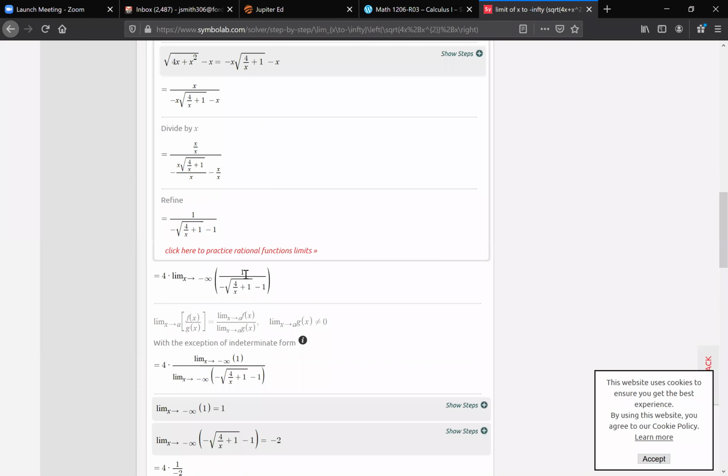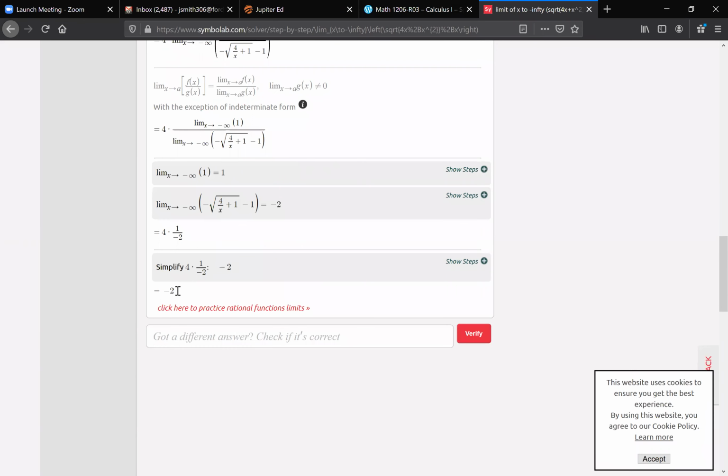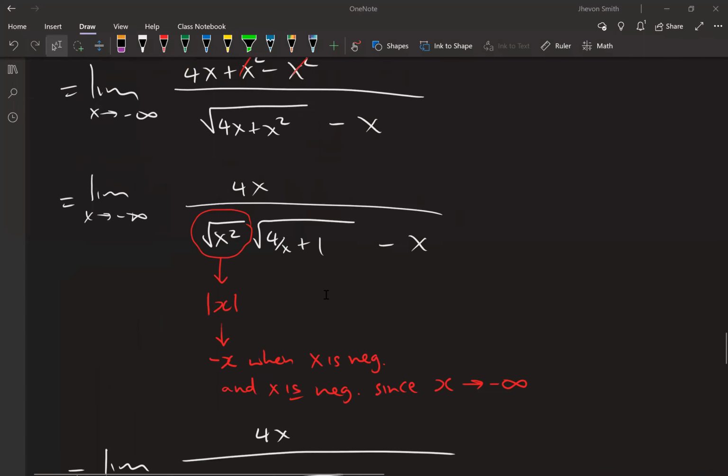And so yeah, it eventually works down to the answer of -2. So I wanted to show you guys that. So in case you want to do any extra practice and I'm not around, because I have finals today and some other classes, you can check your answers through Symbolab or Wolfram Alpha. If you can get it to work through Symbolab, then you can actually get it to show you the steps.